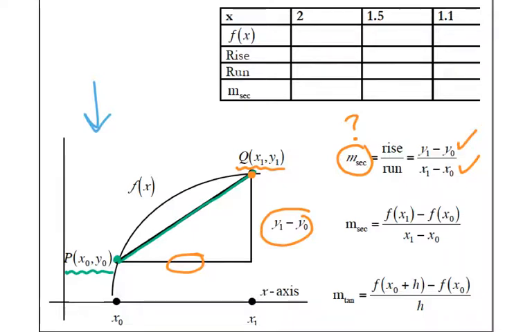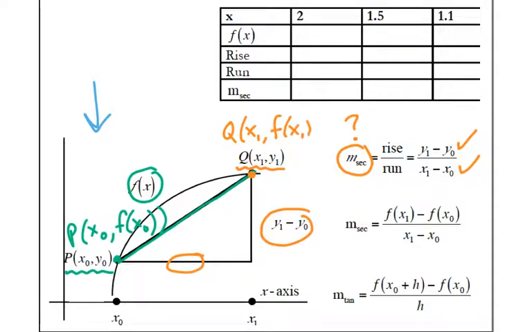Okay, that's cool. But remember also, guys, a more adult-y way of writing these 2 points would be over here for point P. I can say this is x0, comma, yeah, the y value, but the y value actually is the same thing as the function value, right? So instead of saying y0, I can say, well, f of x0, right? That's the same thing. Do you believe? Because it is. Also over here, how about point Q? I could say point Q is the same thing as x1, comma, f of x1, right?